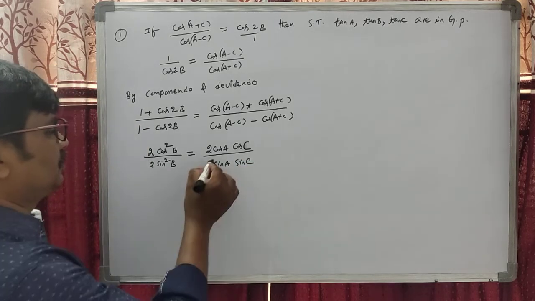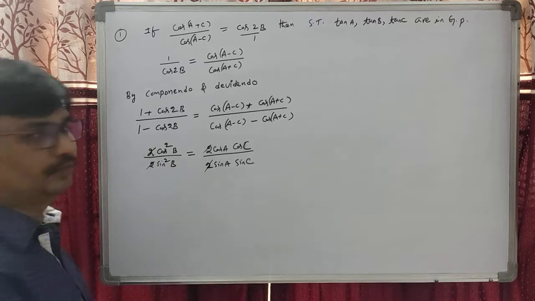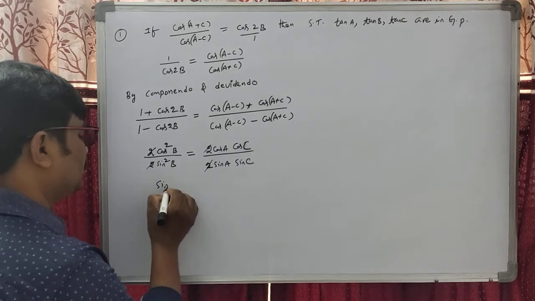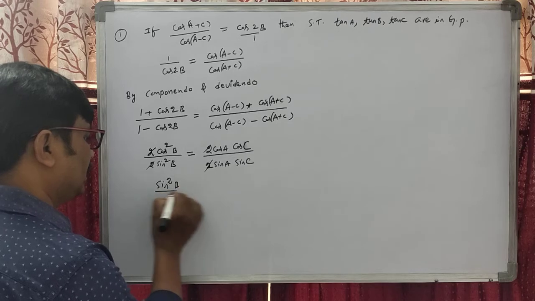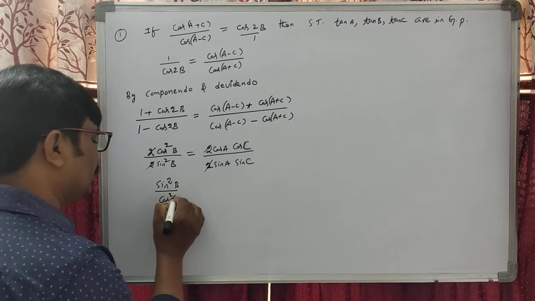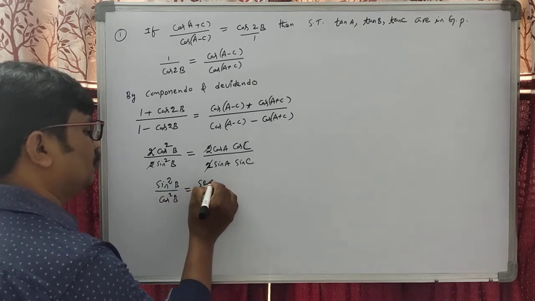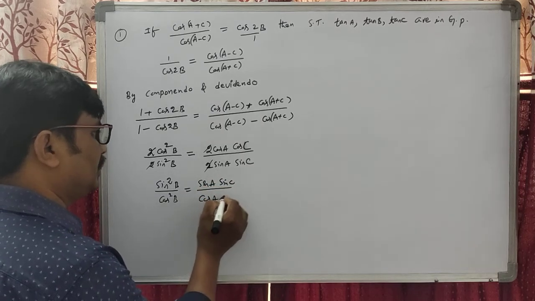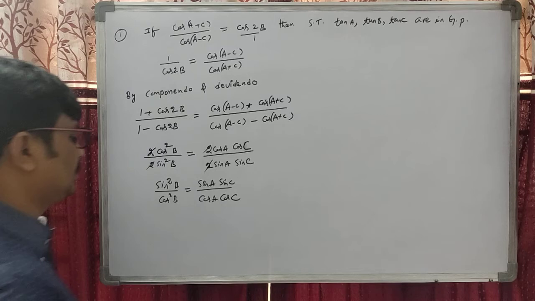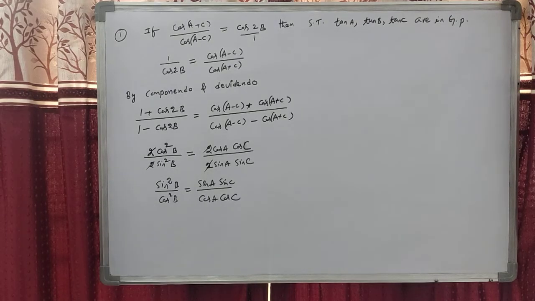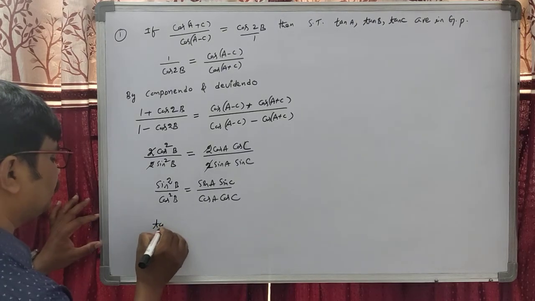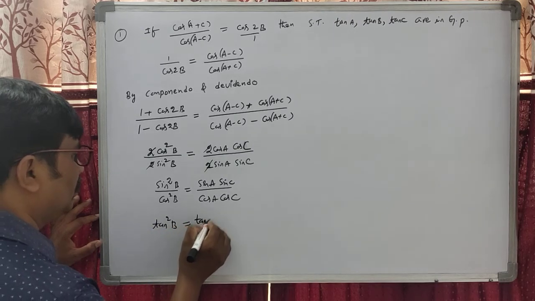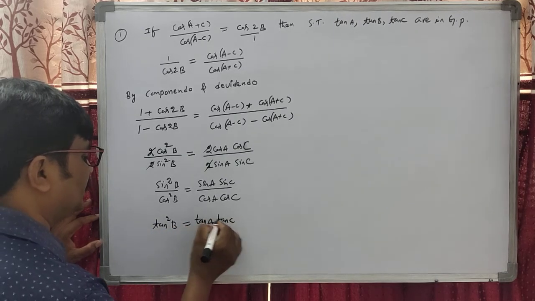So, dear students, cancel these 2. After that, taking the reciprocal on both sides, sin square b by cos square b equals sin a sin c by cos a cos c. This is tan square b. So we can write tan square b equals tan a into tan c.